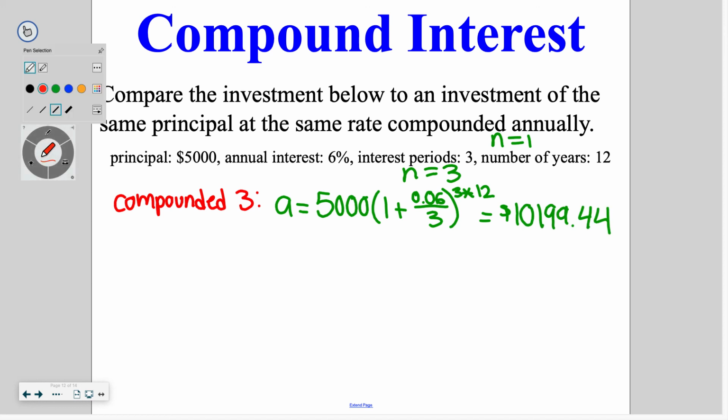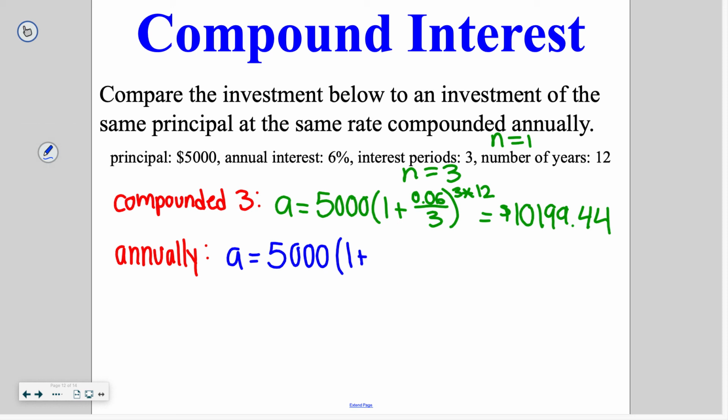If we compound it annually, so just once within the year, my equation is going to start the same. So my principal of $5,000 times 1 plus 0.06 divided by 1. Anything divided by 1 stays as itself, so we can just leave it as 0.06.